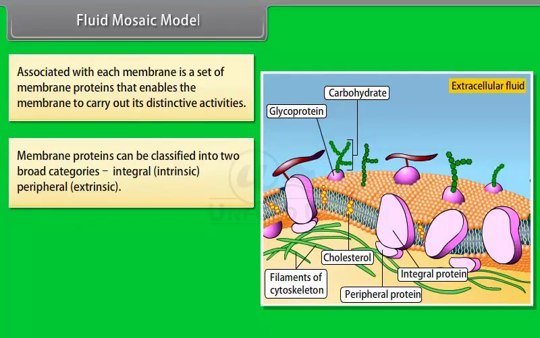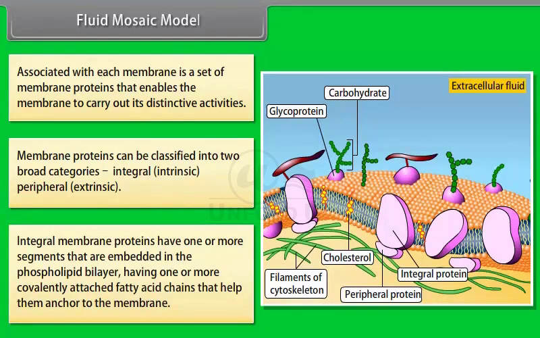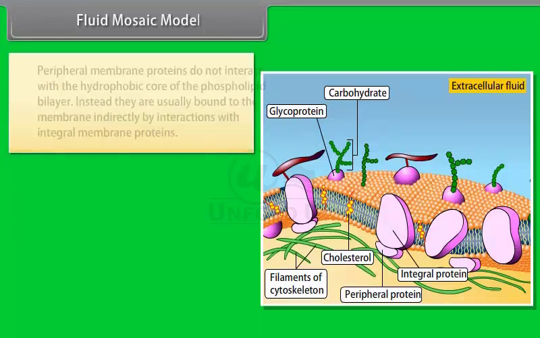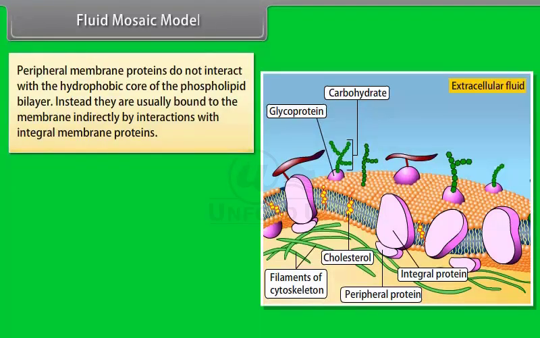Membrane proteins can be classified in two broad categories: integral, that is intrinsic; peripheral, that is extrinsic. Integral membrane proteins have one or more segments that are embedded in phospholipid bilayer, having one or more covalently attached fatty acid chains that help them anchor to the membrane. Peripheral membrane proteins do not interact with the hydrophobic core of the phospholipid bilayer.